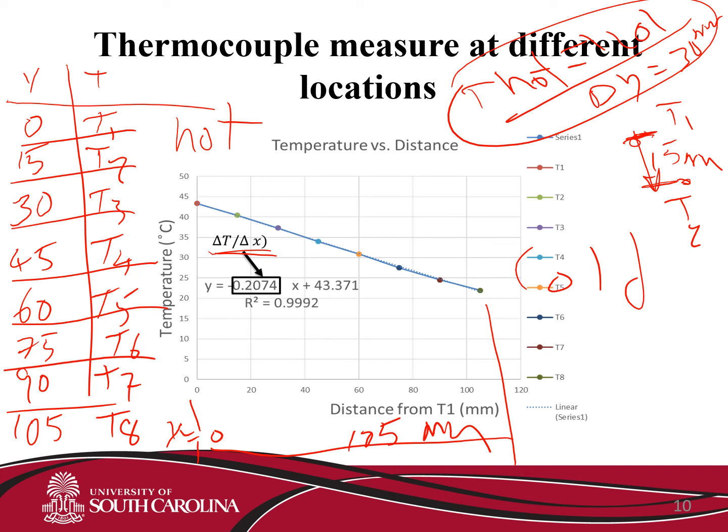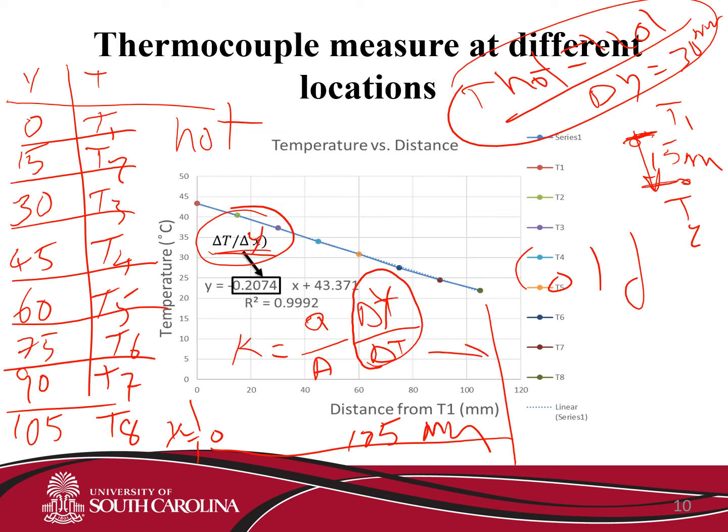You can find this: K equals Q over A, times 1 over delta T over delta Y, right?